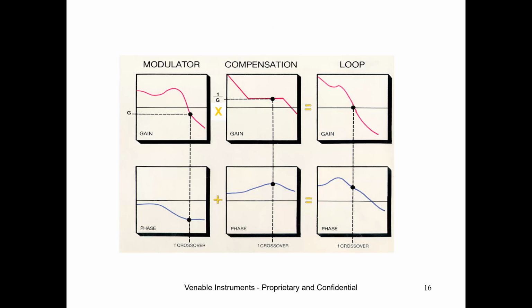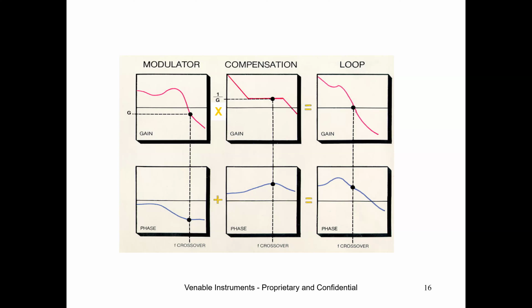This is a really old slide, but it pretty much shows you what they're doing here is they're just trying to force the crossover by manipulating the gain, or moving the gain up and down to cause the gain to cross over at the point that you want to. And then for the phase, they're moving the low frequency zeros and the high frequency poles back and forth.